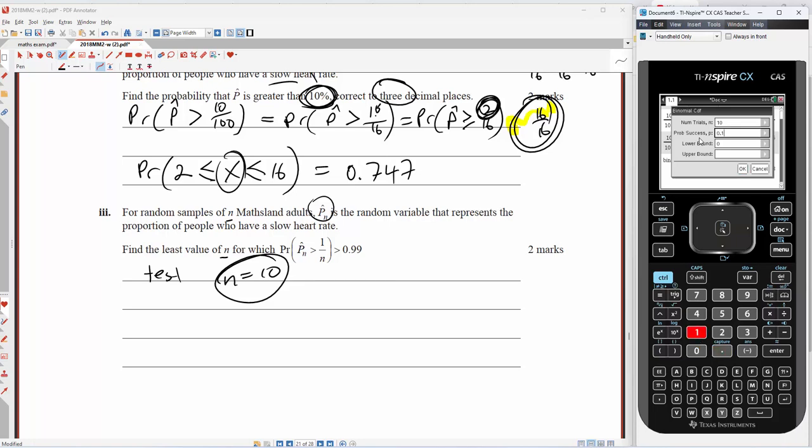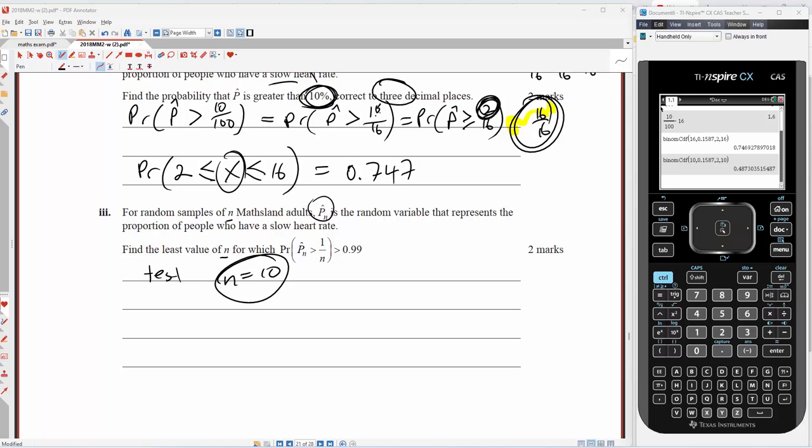The chance of success is the same as before. The lower bound, we want the sample proportion to be larger than 1 out of 10, so that's going to be 2 out of 10, 3 out of 10, 4 out of 10, all the way up to 10 out of 10. And I want to see whether this is larger than 0.99. Nowhere near it.